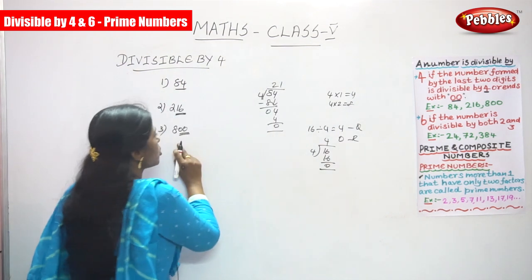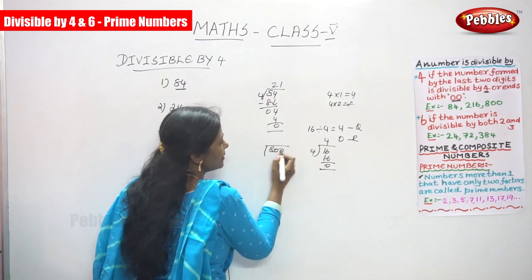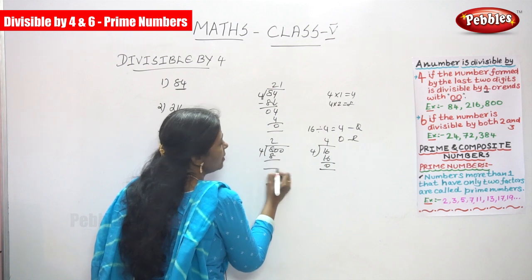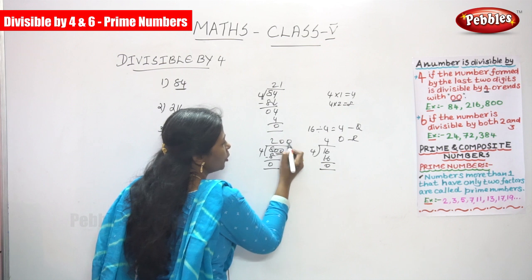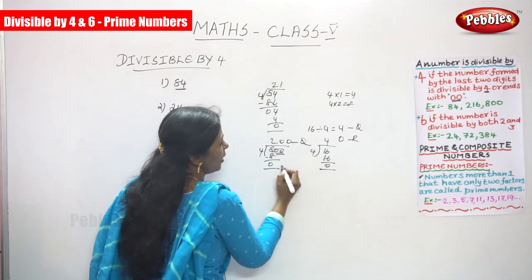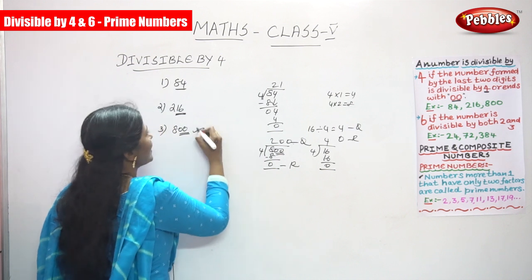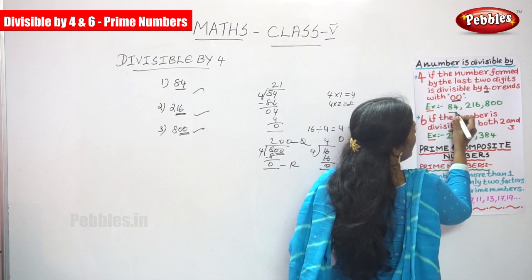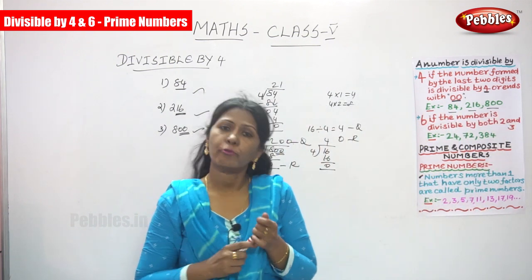So 800 is also divisible by 4. If you want to check it, you can do that: 4 twos are 8, 8 minus 8 gives 0, and the remaining 0s go on top. The quotient is 200 and the remainder is 0. So these three numbers are divisible by 4.